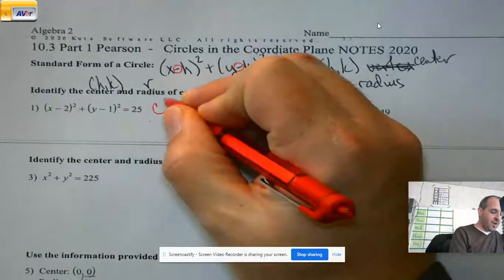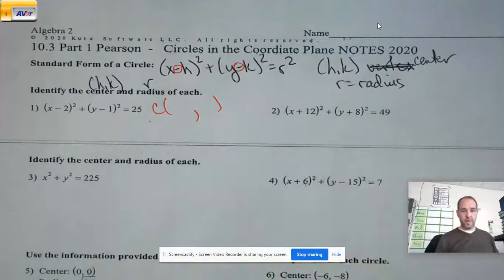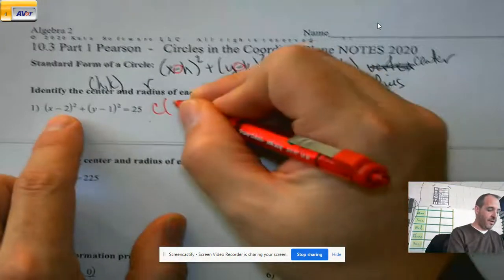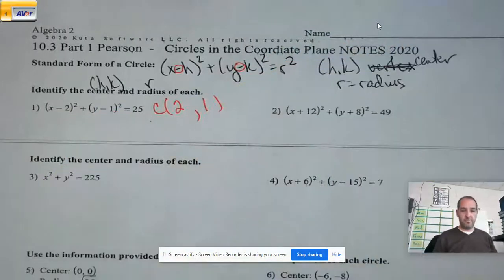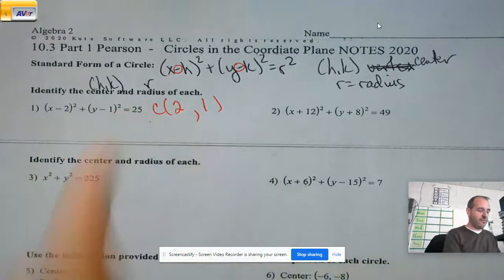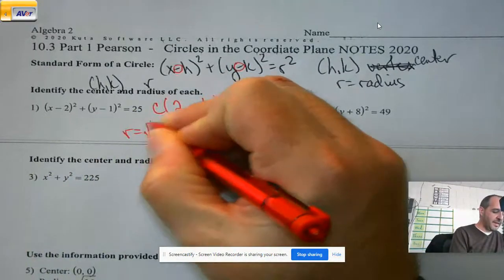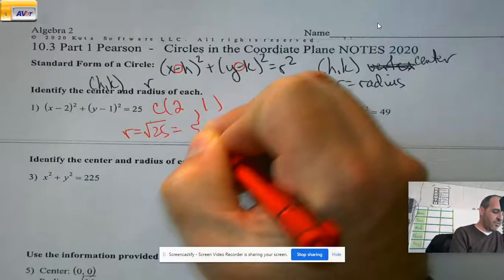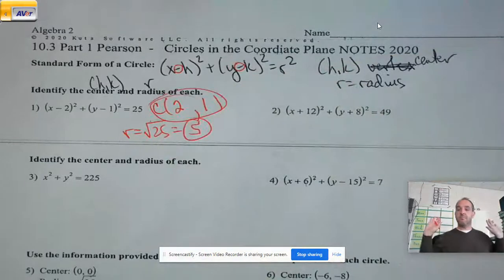So my center is not -2, -1. No, my center is +2, +1. And my radius is not 25. My radius is the square root of that value. And that's it. So a couple of little details to keep track of, nothing too bad.